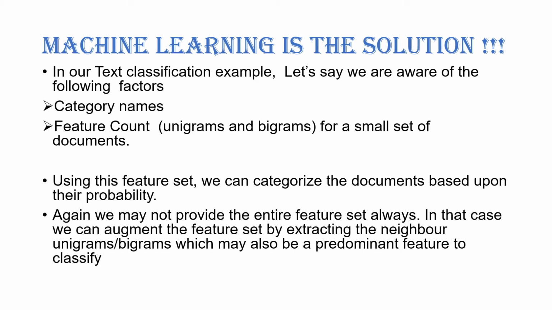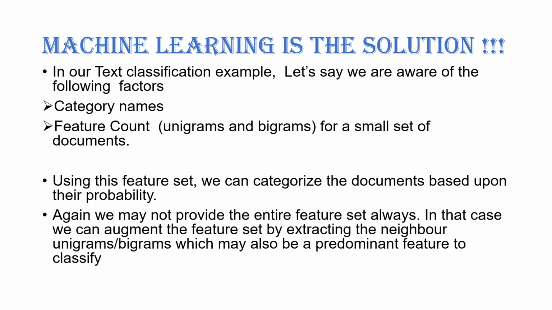So this becomes one of the features. So we can have one more step before feature selection. We can have a feature selection, and then we can go ahead and categorize them based upon their probability count.